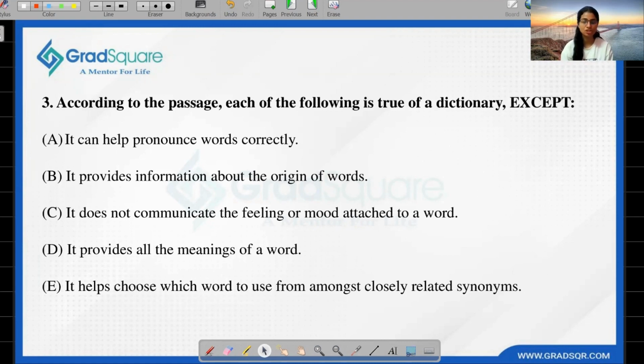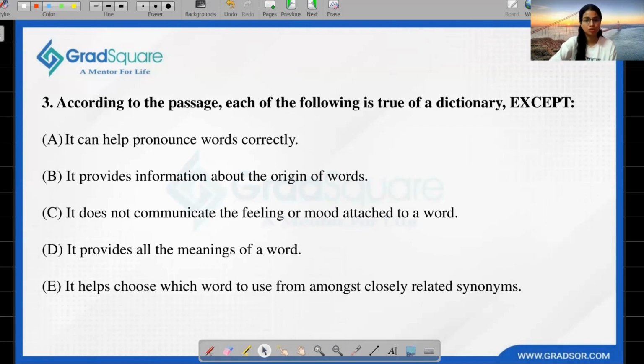According to the passage, each of the following is true of a dictionary except. So most of the option choices given here will be true and only one will be false. So we have to find the false option out of all these choices.